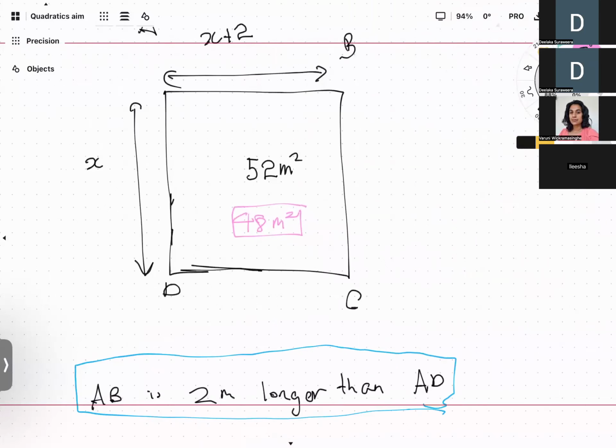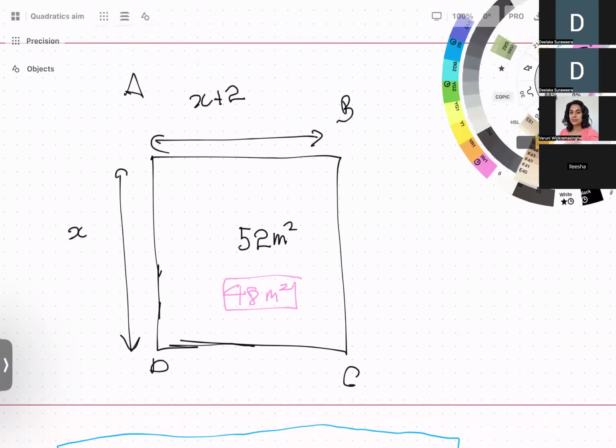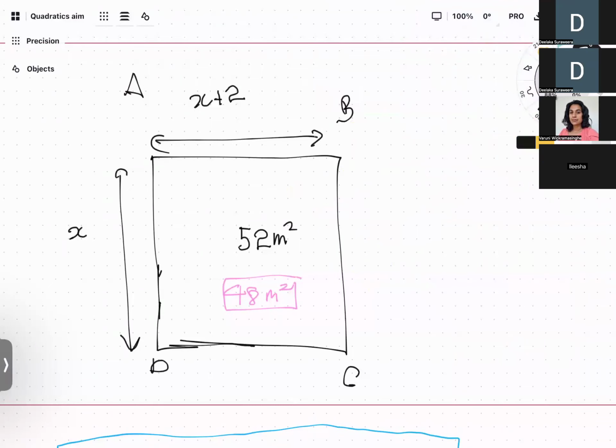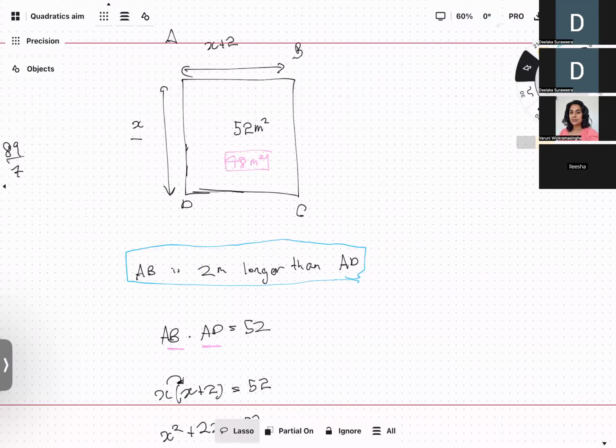It's the fact that the answers are whole numbers. If x is 6, 6 times 8 is 48. You can guess and check that. But for 52, there's no whole number answer that'll get you there. 7 times 9 is 63. So it's between 6 and 7, and it's not even a simple fraction.